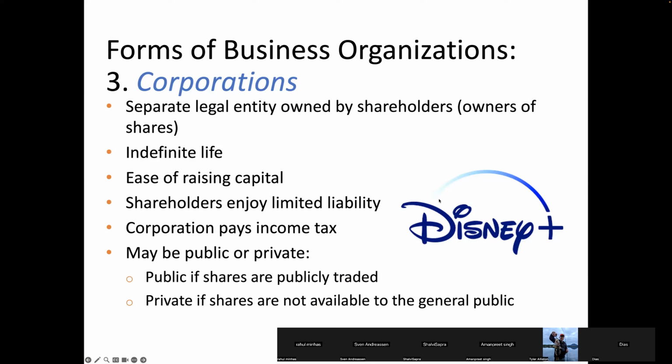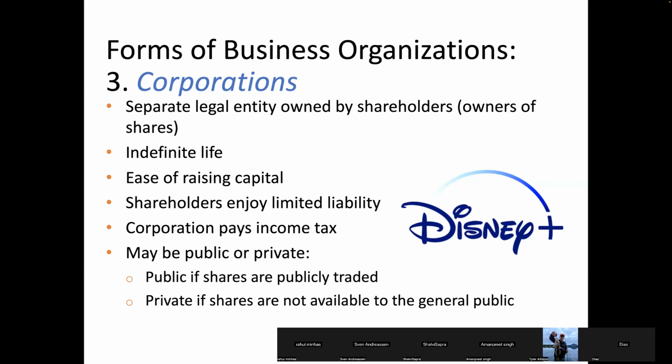So this corporation has indefinite life. The previous owners may pass away, but they sell the shares to the next generation of investors.